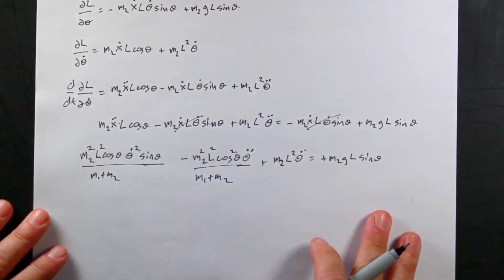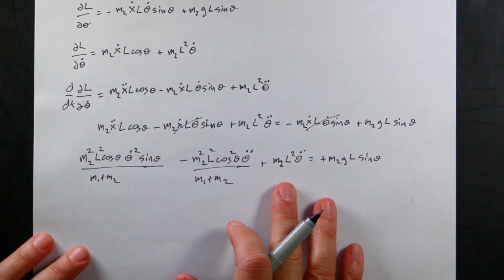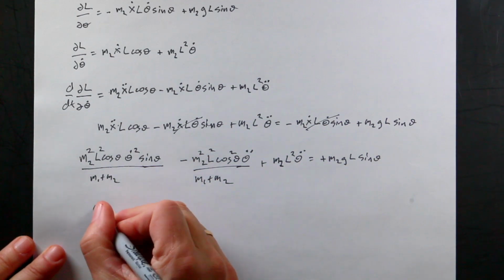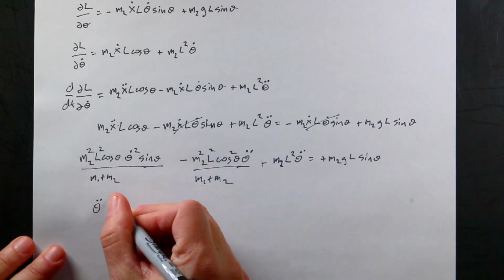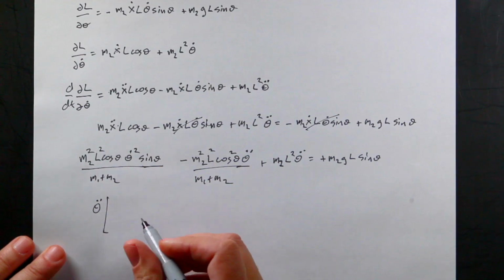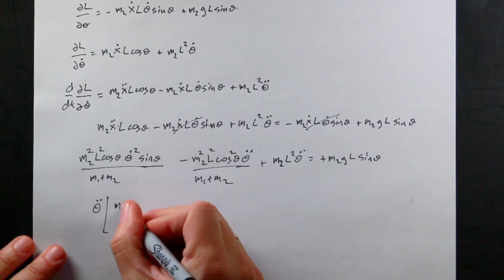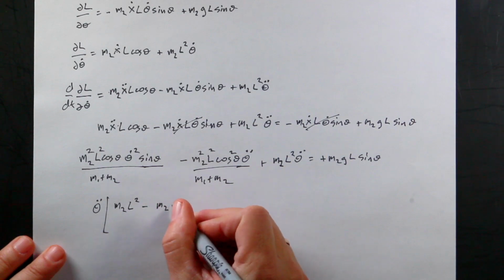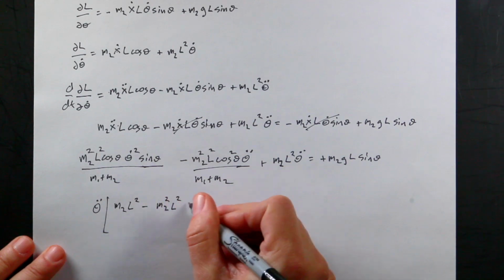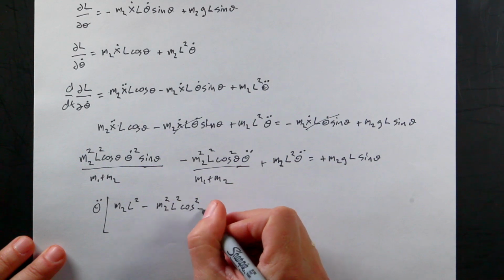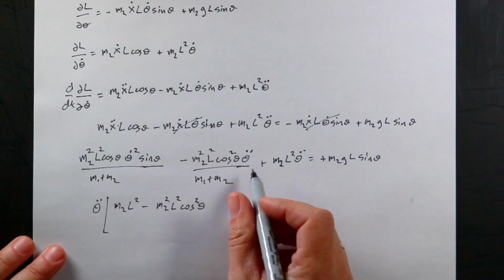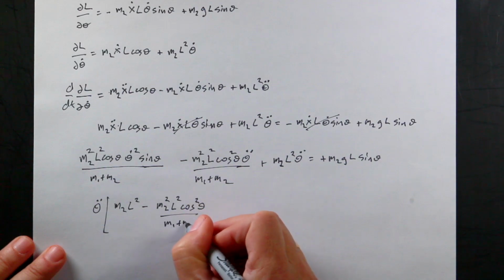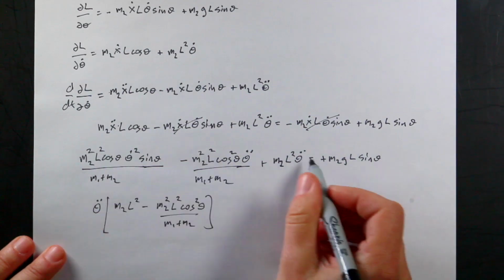Okay, so now I want to take this and solve for theta double dot. So I'm going to move this term to the other side and factor out the theta double dot. Theta double dot times, I'll put it backwards, m2 L squared minus m2 squared L squared cosine squared theta, I factored that out, all of that over m1 plus m2, and then that moves to the other side.